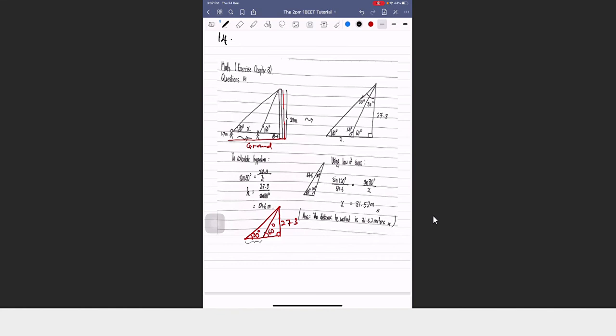So let's say you want to find x. If only you can find the whole length, and then you subtract by this length, then you can also find x. Let's say this is y, and this is z, for example.